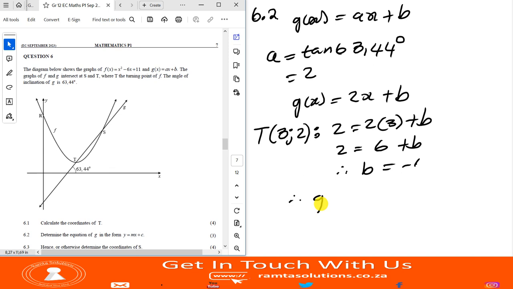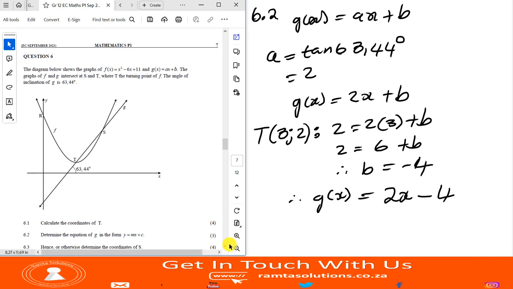Therefore, g of x is 2x minus 4. It makes sense that the y-intercept is negative 4. Do you see that? It is below the x-axis, right? So we are good to go.